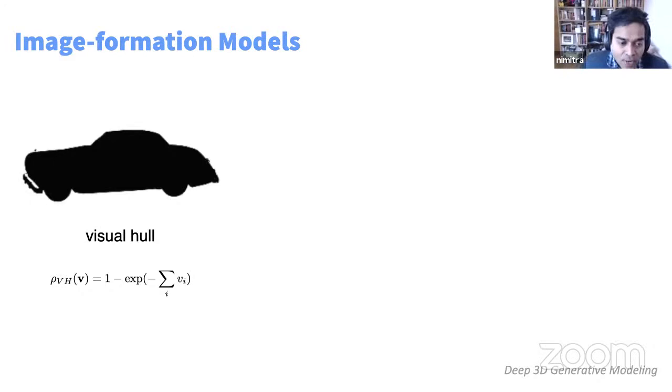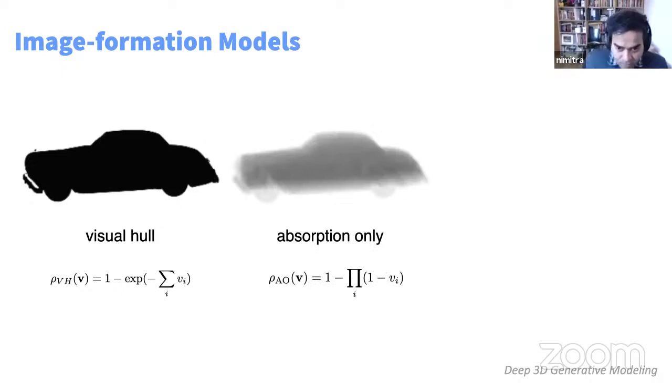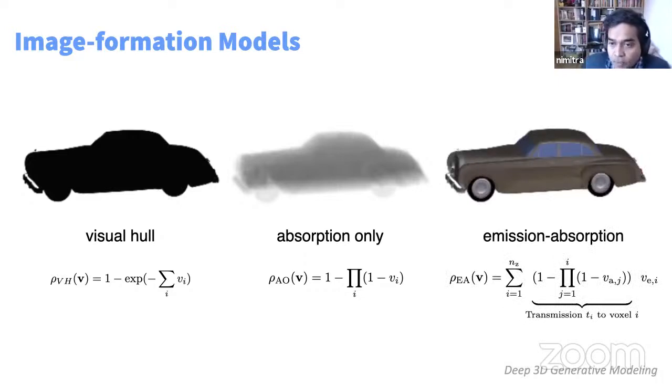As soon as one of the values is non-zero, we will start to see something. We have the absorption-only model, where if all the values of vi are 1, then this value will be 1. But as soon as there's a non-1 value, the value will change. And then we have an emission model, which also allows voxels to emit light.